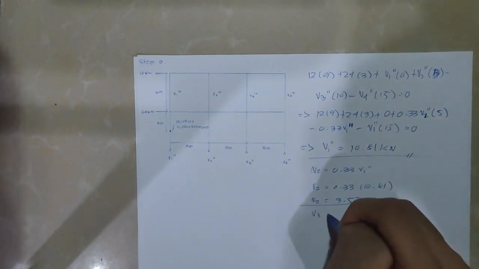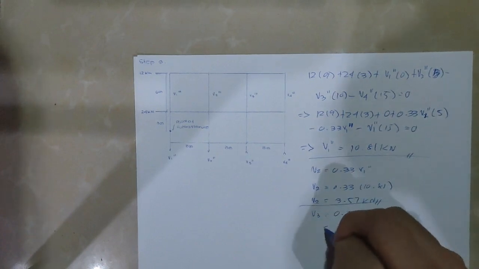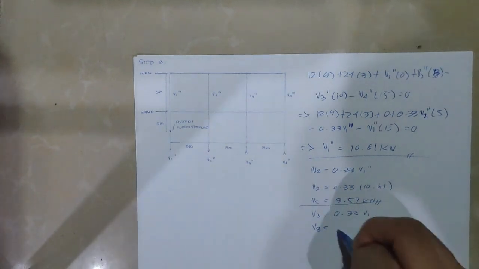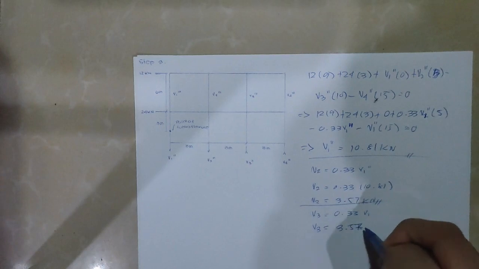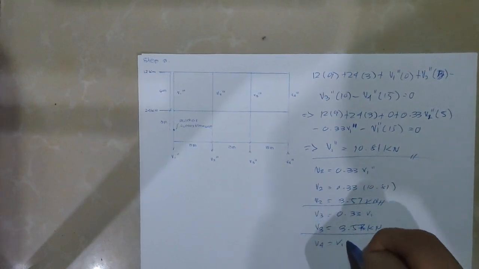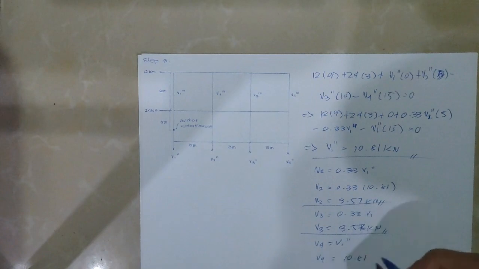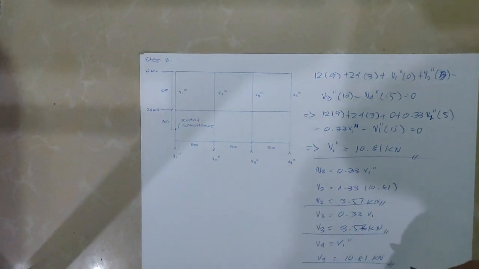V3 is 0.33 V1, the same value, 3.57 kilonewton. And V4 equals V1 double prime, so V4 will be equal to 10.81 kilonewton. We got V4.